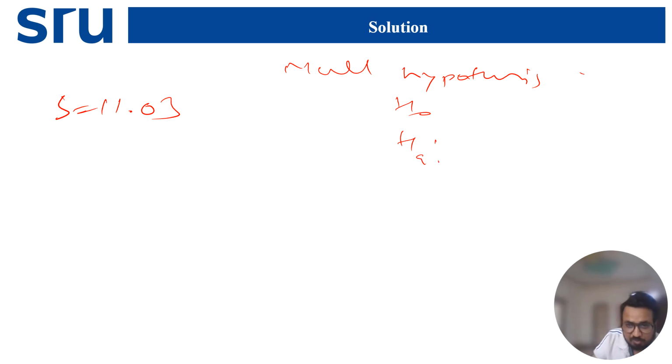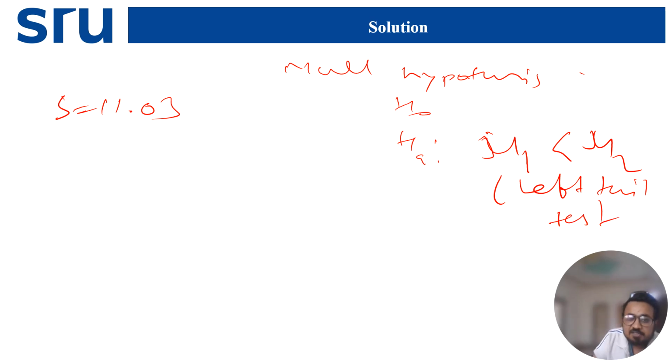So this will be mu1 is less than mu2. This is a left tail test. Now H naught is just the complement of this one, so we can write mu1 less than or equal to mu2.